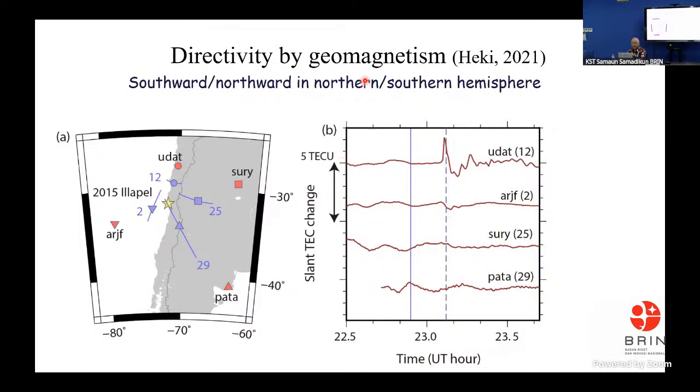And that is caused by geomagnetism. For example, this is an earthquake in South America and Chile, southern hemisphere. If you use a station north of the epicenter, it looks very big, but almost no signal in other directions. So you need to be very careful about this to enable the determination of the true amplitude.